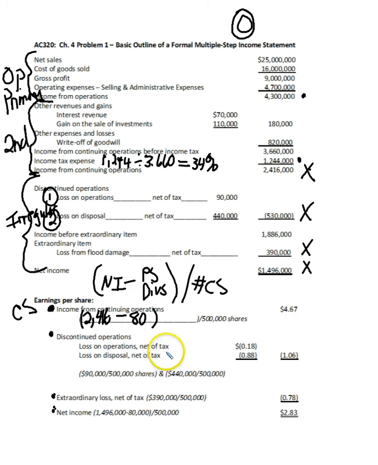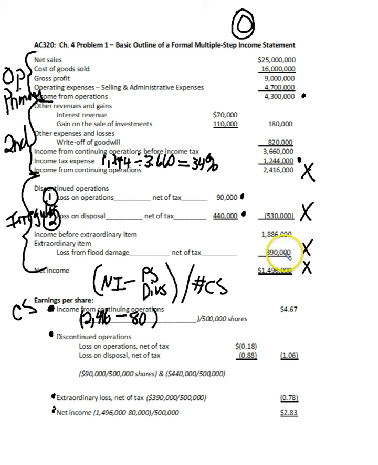For discontinued operations, I'm taking this $90,000, divide by the number of shares outstanding, 500,000, and you get 18 cents. For the second one, I just take this 440,000 divided by 500,000 shares, and I get 88 cents. Net those together, and you get $1.06.